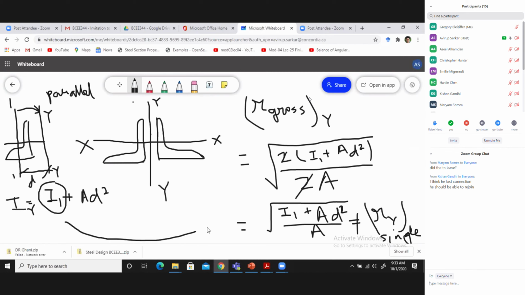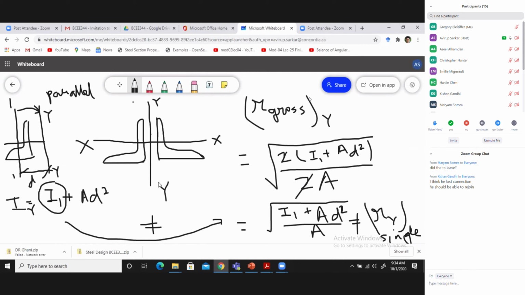So these two are not equal. Due to this shift in axis, the shift in distance between the centroidal axes, there is a d squared term by the parallel axis theorem, and that's why these are not equal.